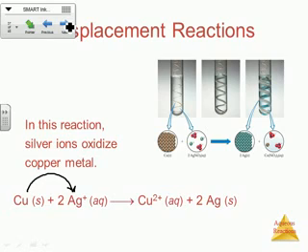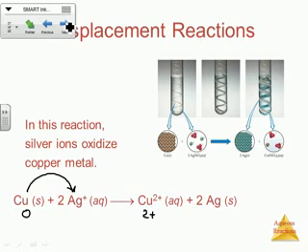It's losing electrons, right? LEO goes GER, lose electrons, oxidation. The way that I know the copper is losing electrons is not because there's anything in the equation showing the direction the electrons are going, but this copper goes from a 0 oxidation state to a 2+, or a +2.